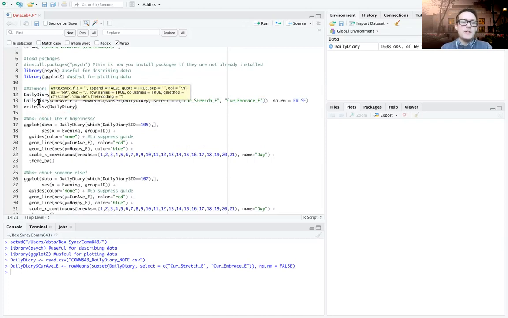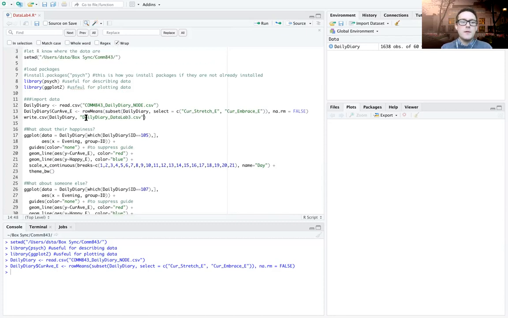So I want to now save my daily diary data set that has this new curiosity variable in it, and then call it something useful. So you could have called it, for example, DataLab4.csv. And then as you were going forward, you could just read this one in.